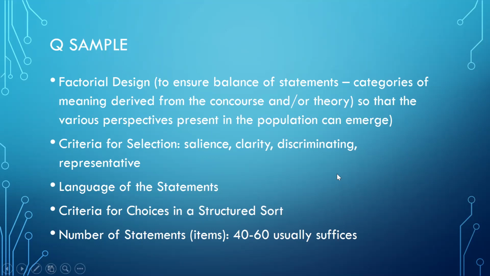And the number of statements, usually 40 to 60 suffices. That's pretty average, 40 to 60 statements. Some studies have a lot more, like around 100. That's a little bit overwhelming to participants. My very first Q study I did with young elementary school age kids. They were between the ages of 3 and 6. And I only had 30 items because I felt like that was enough for that age group.